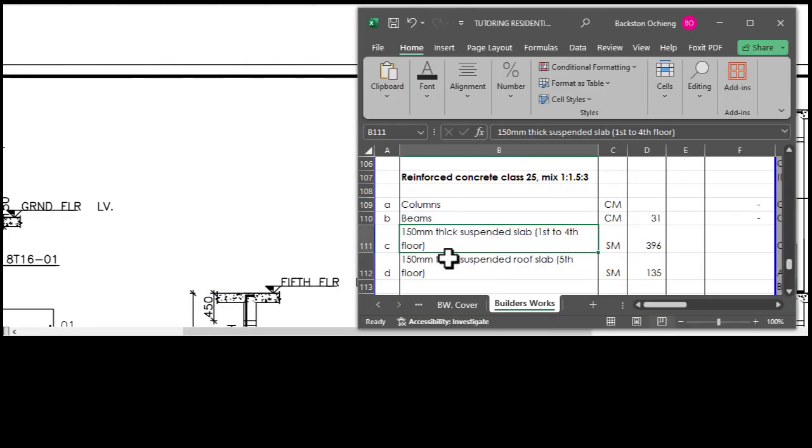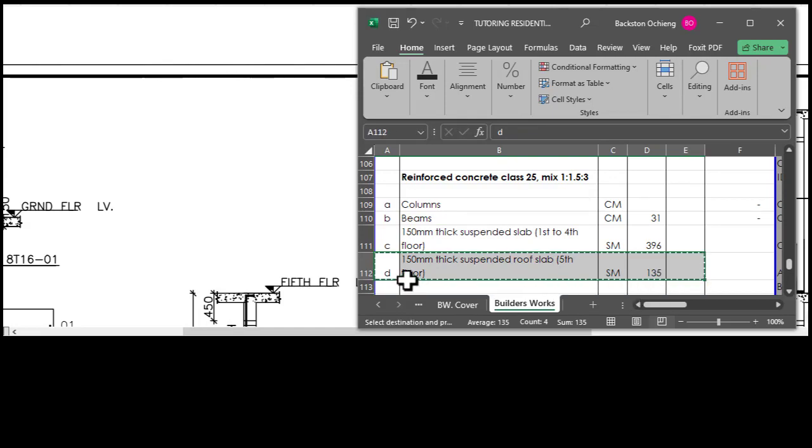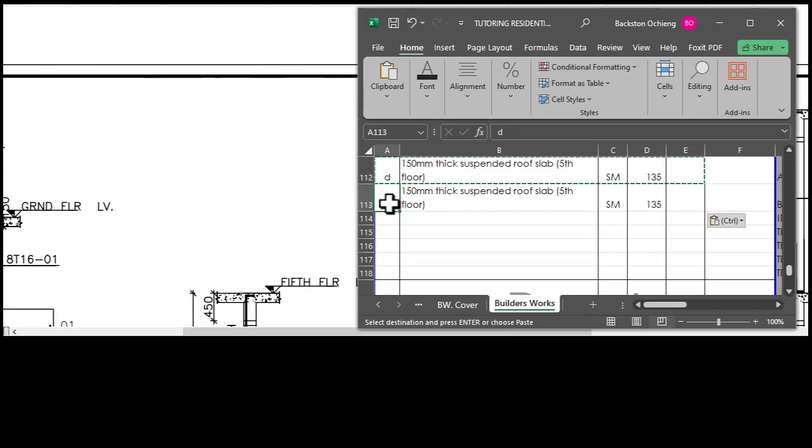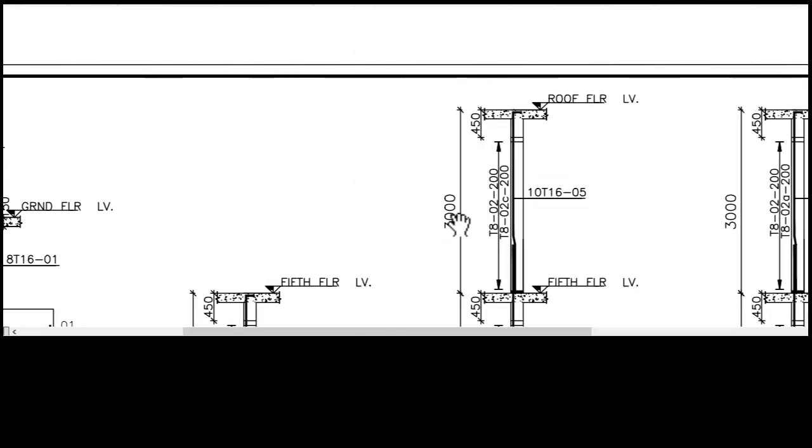So actually you can also indicate this 5th floor. Then now item E, we also have this. Now item E, 150 millimeters thick. Let's confirm if that is the thickness.